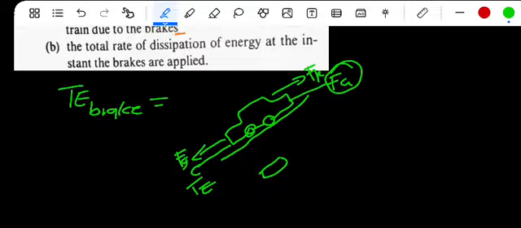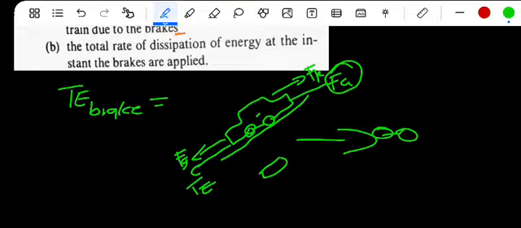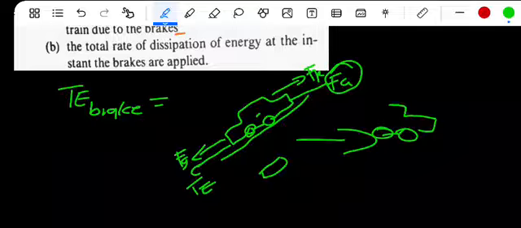When you are braking, let's say you're going forward and you want to come to a stop. Naturally, when you're braking, there will be some force trying to push you backwards a little bit. So FA will change at that instant.